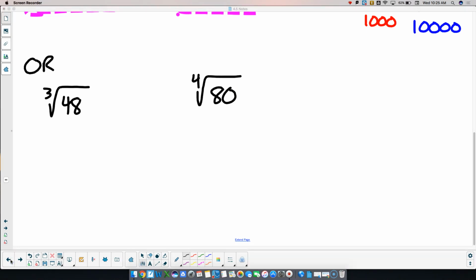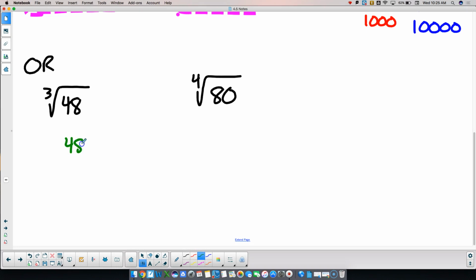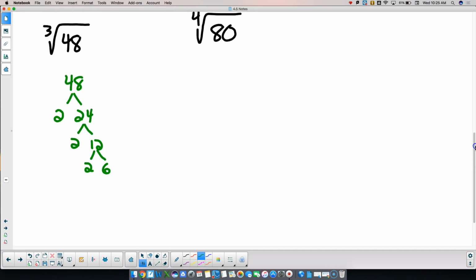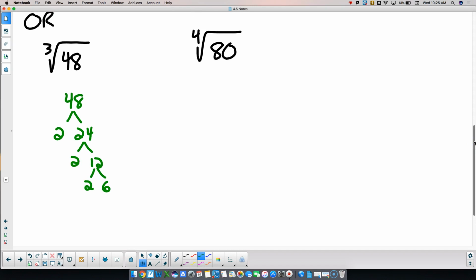So if I do a tree, which one do you want to do first? Left or right? 48. Okay. So if I do the tree thing, then 48 would be 2 times 24. And 24 is 2 times 12. And 12 is 2 times 6. And 6 is 2 times 3.